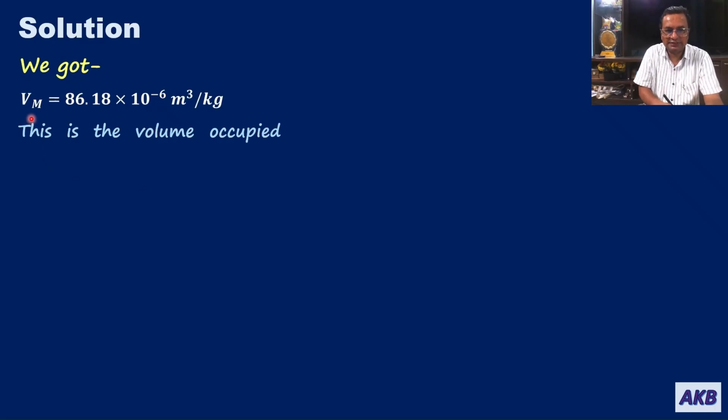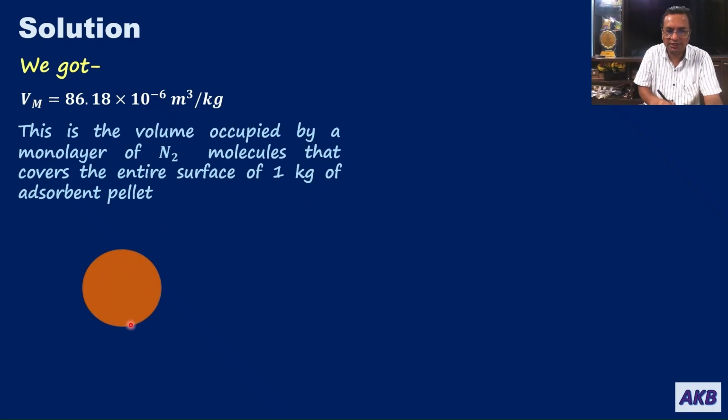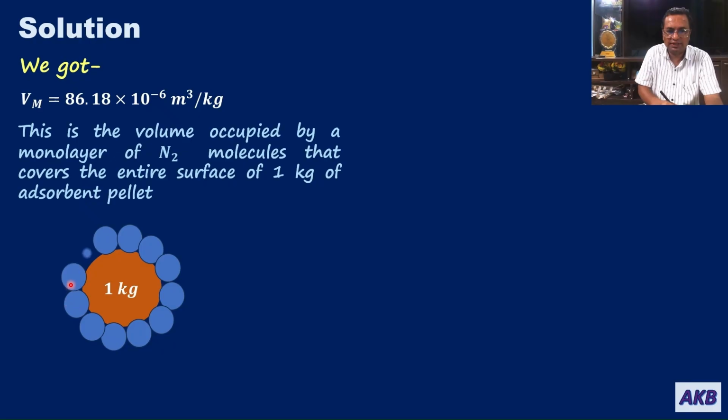Now this is Vm. What is this? This is the volume occupied by a monolayer of N2 molecules that covers the entire surface of 1 kg of adsorbent pellet. If I show the adsorbent pellet, 1 kg of adsorbent pellet, then this volume will be occupied by the molecules of nitrogen, and these molecules will be covering the entire surface of the adsorbent.